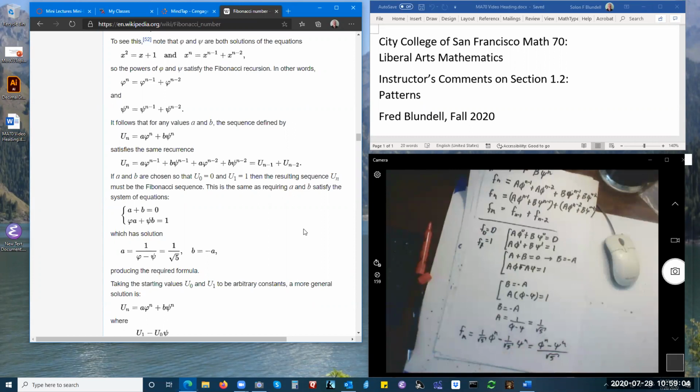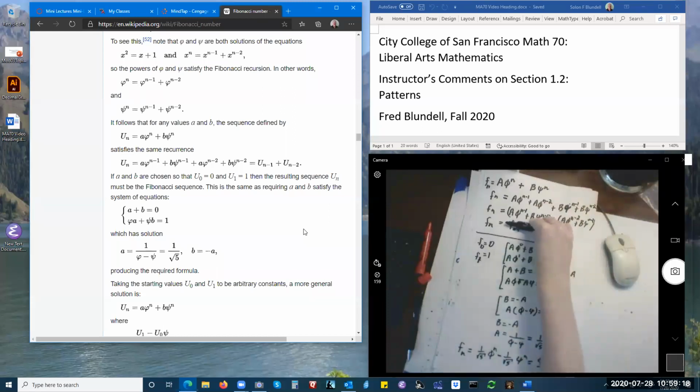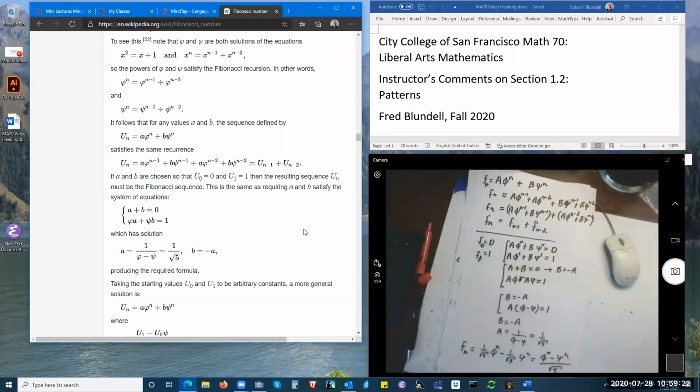So that gives you a closed form, a formula where you just put in the n and you get out the nth number. So this is a way of going from a recurrence relation to a closed form solution. If you have a formula that lets you get from one moment or the previous moment to the next, then you can figure out where you are at any time.